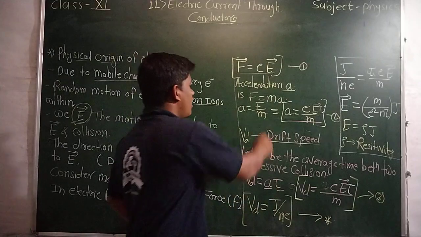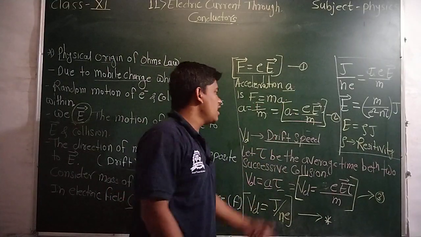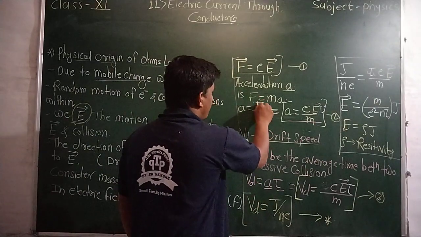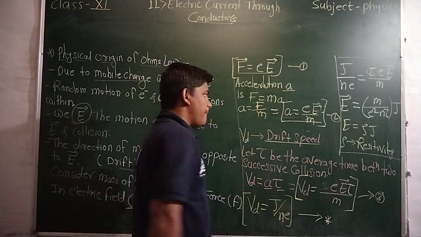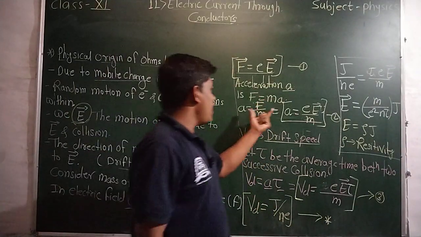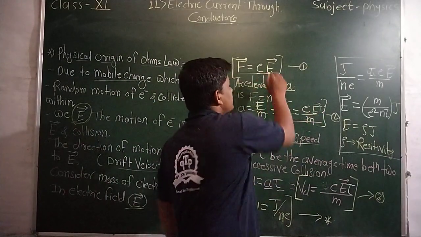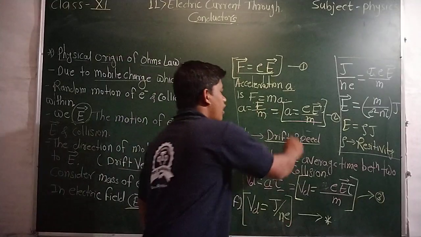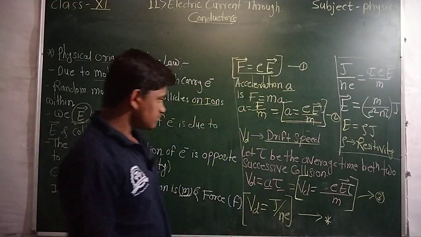Using Newton's second law, F is equal to m into A, so A is equal to F upon m. This is all about the acceleration.